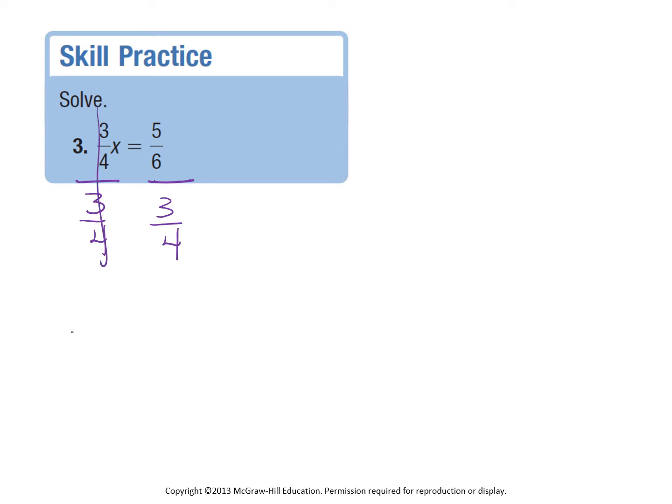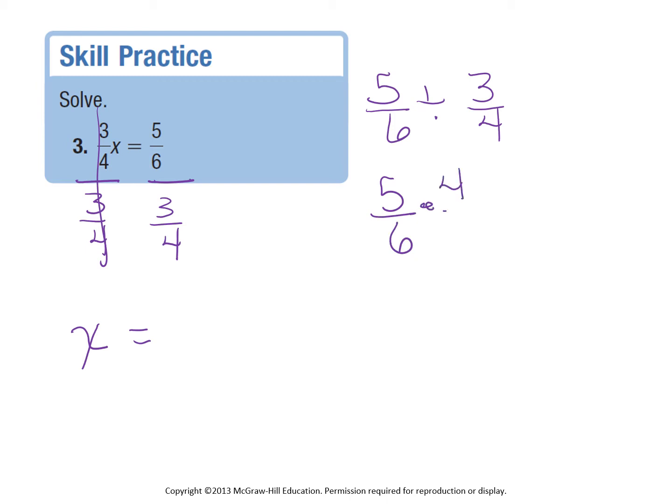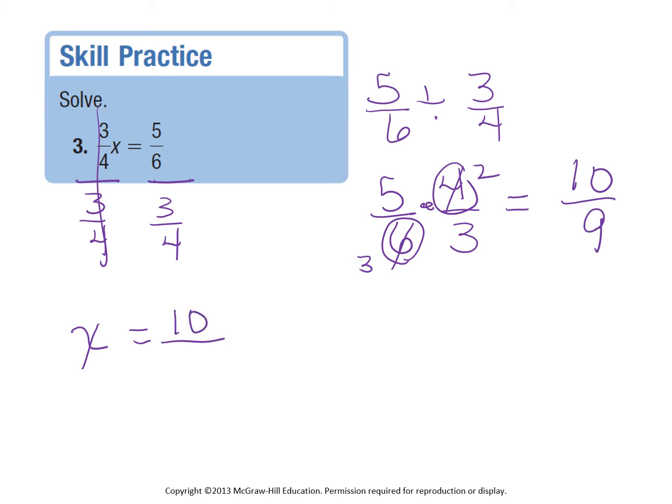So here I'm left with 1x or just x, and 5/6 divided by 3/4 is the same as multiplying 5/6 times the reciprocal, which is 4/3. And here I'm going to divide out a common factor of 2, and that's going to give me a solution of 10/9, or if you wanted to make it 1 1/9.